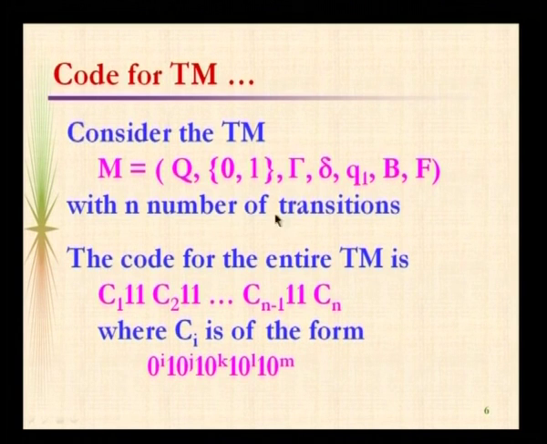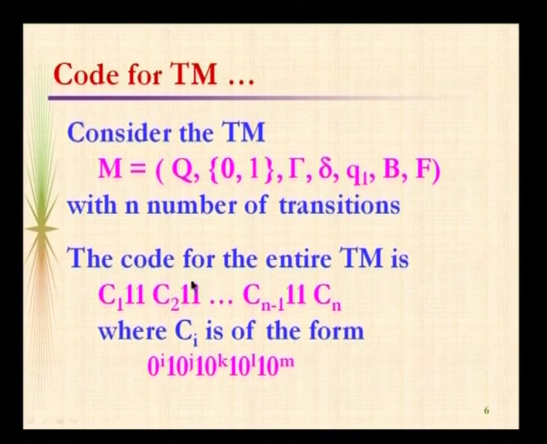So, with n transitions, you write the code for the first transition as we have done in the previous slide. It is going to be C1, then the code for transition 2 is C2, and in between C1 and C2 we use 2 consecutive ones as the separator.